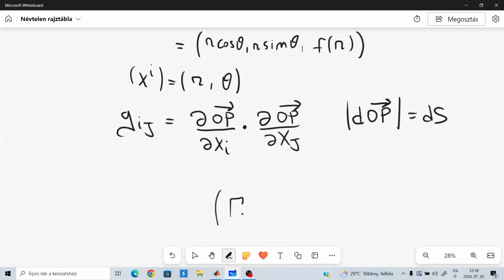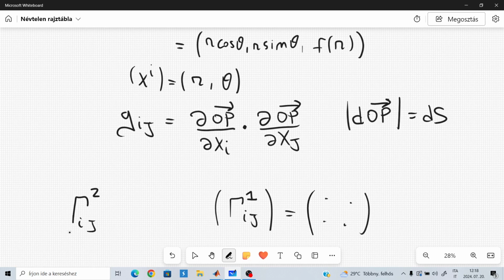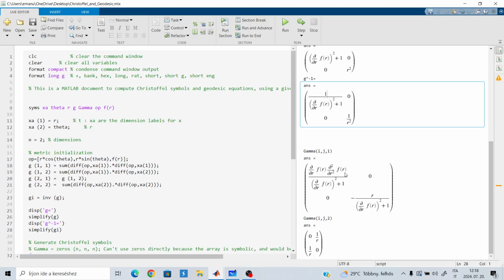It's a matrix, gamma_ij, with these 2 parameters i and j, so these 2 integers, and then here the superscript is equal to 1. So this is a 2 by 2 matrix. And similarly, you can compute gamma 2 ij as a matrix, and it is still a 2 by 2 matrix. So we have their definitions, or actually their calculations, reported in here.